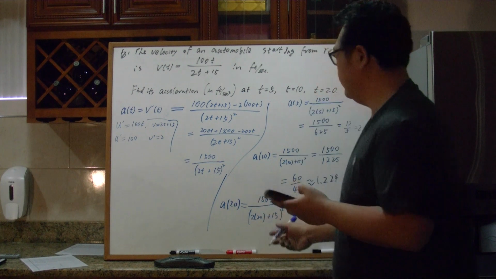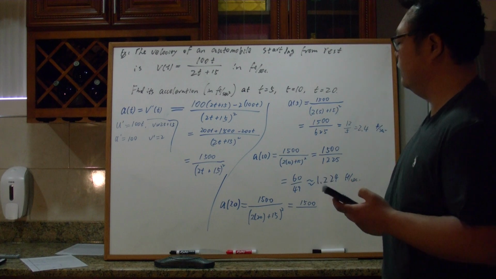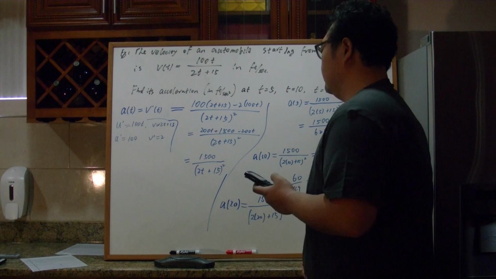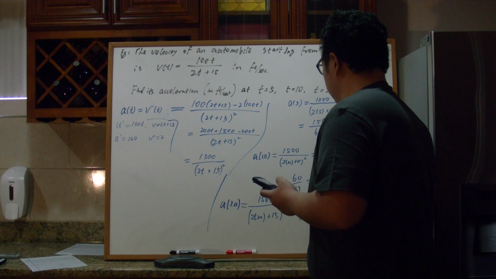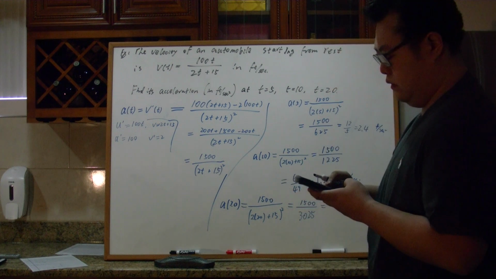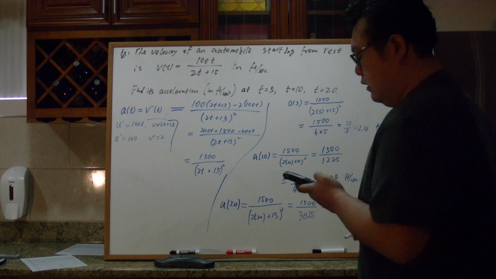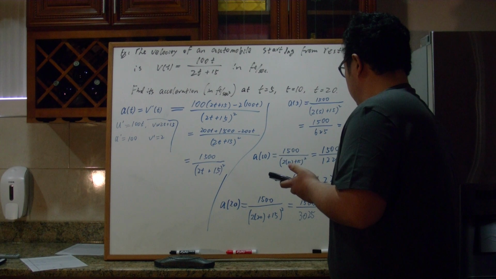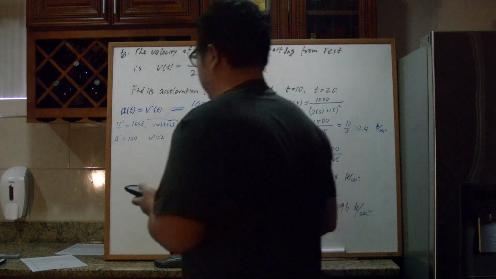We got 40 plus 15, that's 55. 55 squared, that's what? 3025. That's 0.496 for the acceleration.